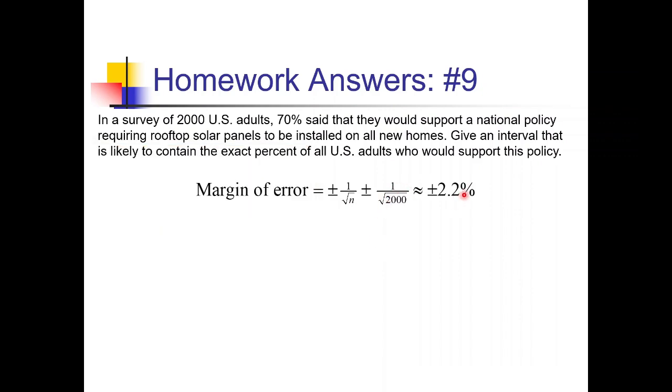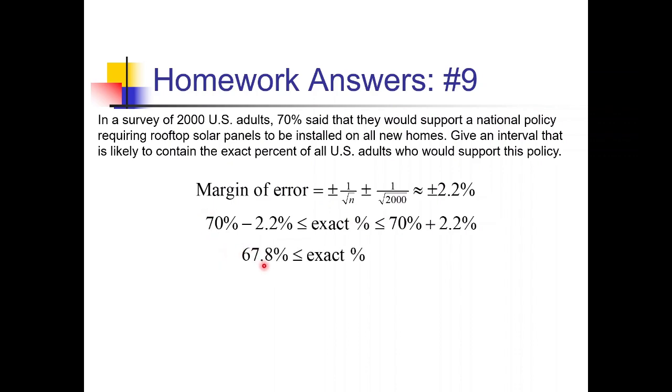So plus or minus 2.2% if we make it a percent so that we can interact with this 70% here. So that means that the true value is 95% likely to be between 70 minus 2.2 and 70 plus 2.2. So that's going to be 67.8% on the lower end, and on the upper end, 72.2%.